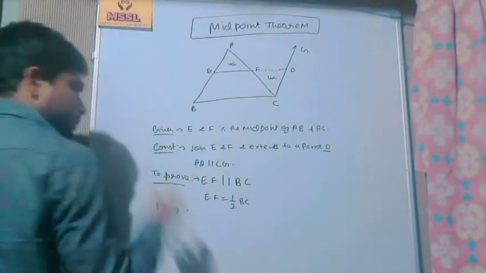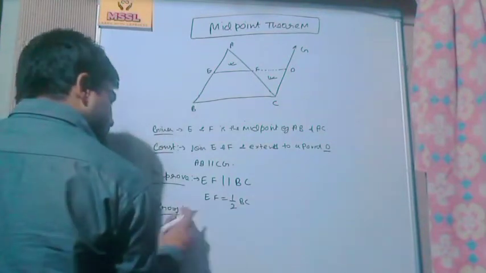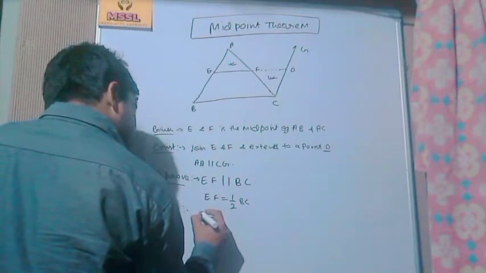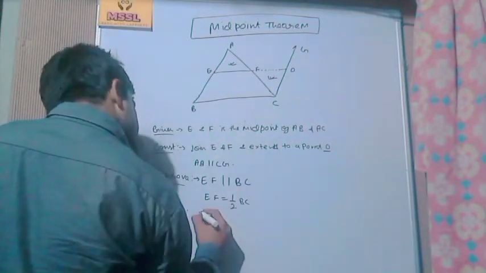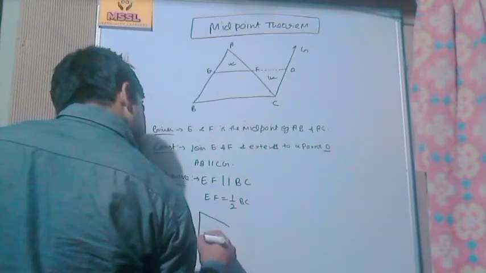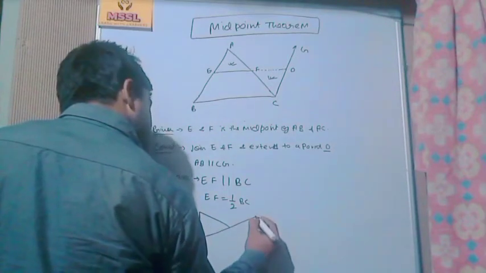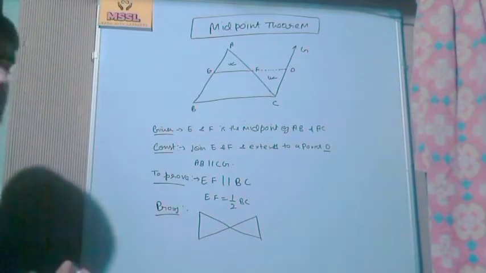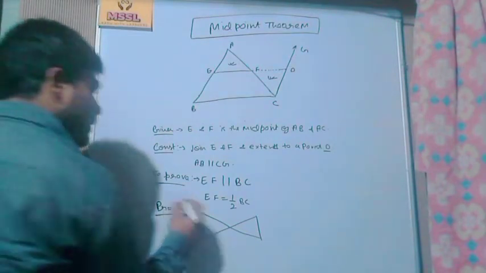Moving on to the proof. Let us assume the triangle first. The triangle is something like this. Is it visible to you? Yes. All right.